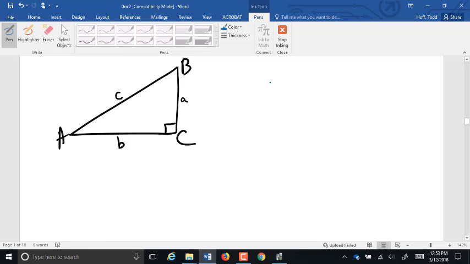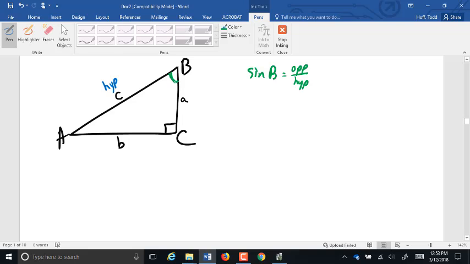Now remember, it depends on what angle we are looking at, which side is which. There's one side here that is always the same label. Which one is that? Yeah, the hypotenuse. Side C is always the hypotenuse, no matter what angle we're looking at. But if I am looking at the sine of angle B, sine, of course, is opposite over hypotenuse.